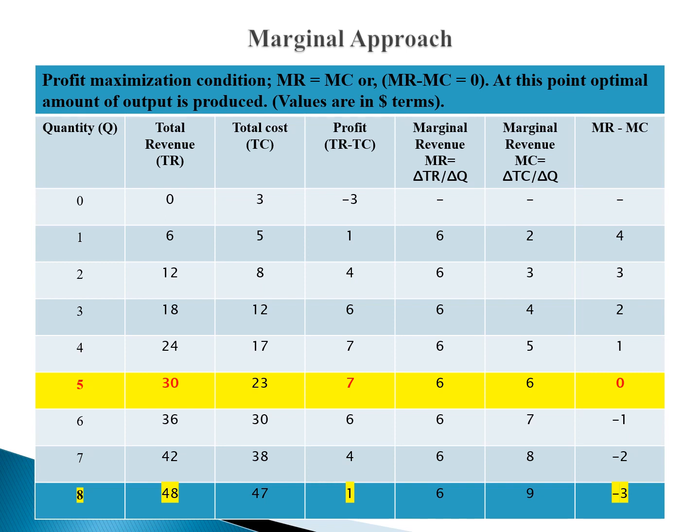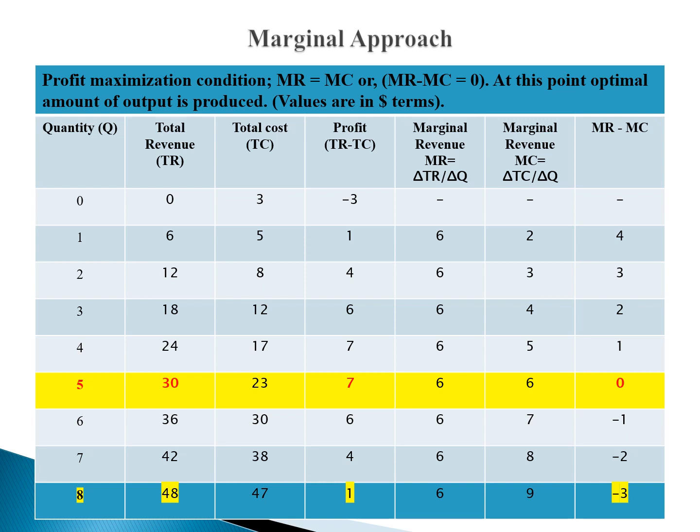Now under the marginal approach, in order to identify the profit maximizing level of output and to satisfy the profit maximizing condition, we must take the difference between MR and MC. So over here, while we take the difference between MR and MC, we can see that at quantity equal to 5, the difference between MR and MC is equal to 0.